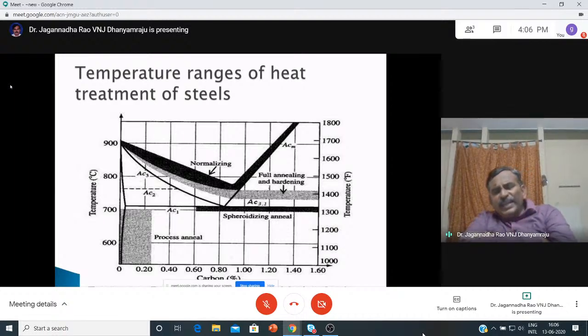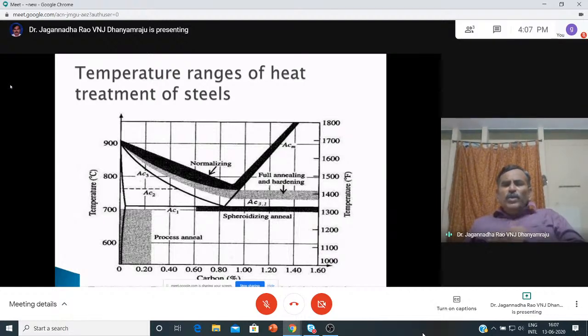And here in annealing, there is one process called spheroidizing. See, for hypereutectoid steel, during cooling there is a precipitation of primary cementite. Understand? So in the case of hypereutectoid steel, in the single-phase region there is gamma, and in this two-phase region there is gamma plus cementite.